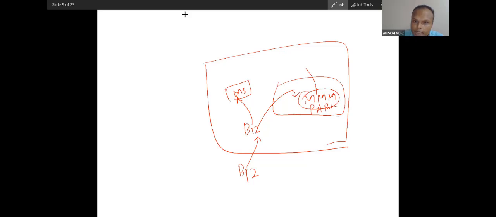Now this methylmalonyl coenzyme A is associated with the cause of neuropathy.